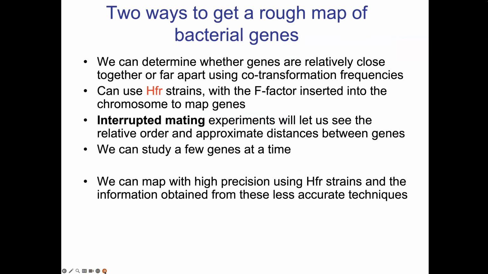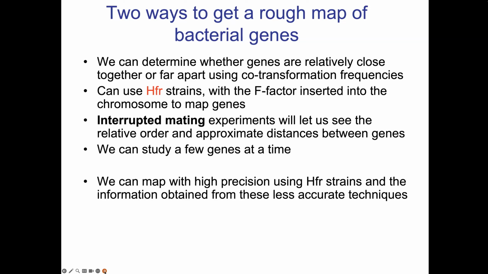Okay, so this is just a little review. The co-transformation frequency that I already mentioned: are these two genes close together, or are they relatively far apart? And we can use HFR strains with the F factor to do interrupted mating. So we let conjugation begin, and then we stop the process every minute or every couple of minutes, and then test with lots of different replica plating to figure out the genotypes of all the colonies that result.